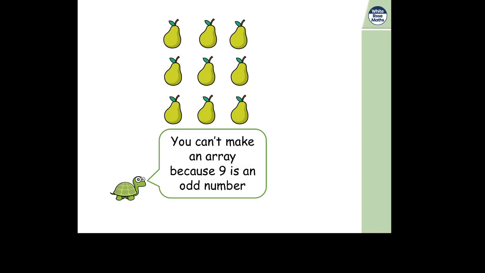So just because there's an odd one on one row, sometimes you can't, but for 9 you can. So now we changed it. So we've got 3 groups of 3, or 3 times 3, which is 9. So actually we're doing the 3 times table without even thinking about it. And it doesn't matter if you do it up or across, rows or columns, because it's exactly the same both ways.